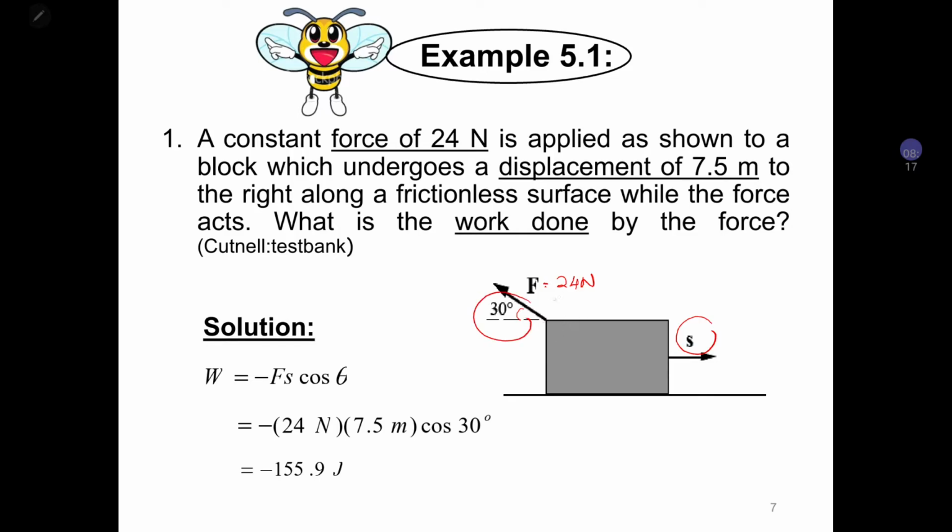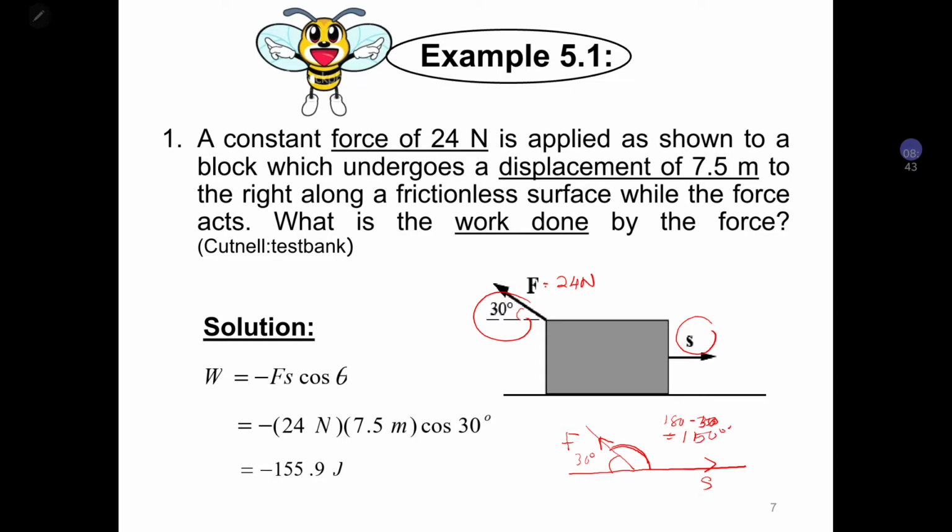Okay, so this is the direction of force, and this is the direction of displacement, so we know the angle here is 30 degrees. Alright, so we can calculate the angle here, right? So it will be 180 minus 30, it will become 150 degrees.